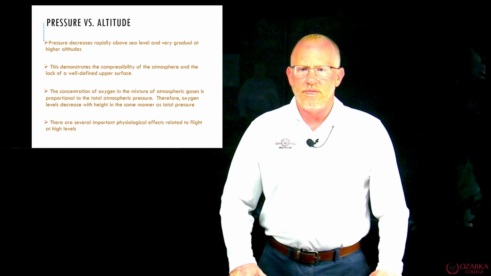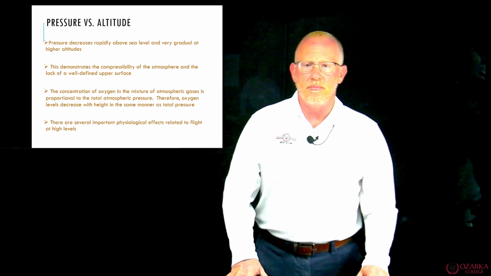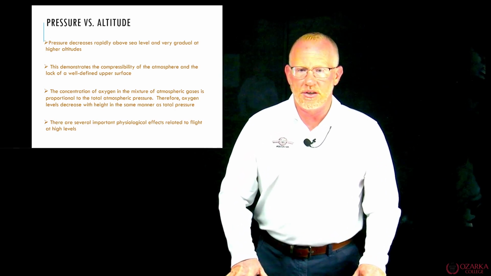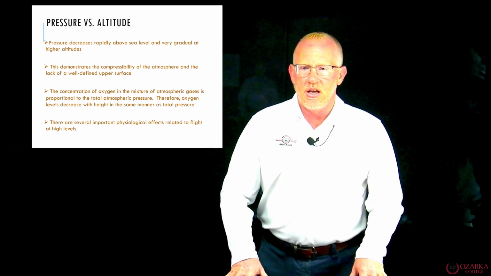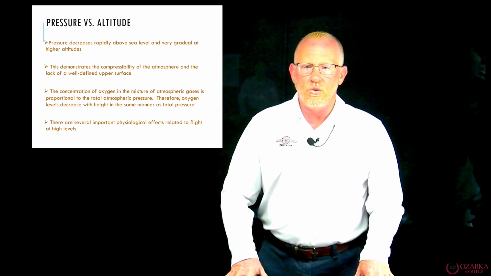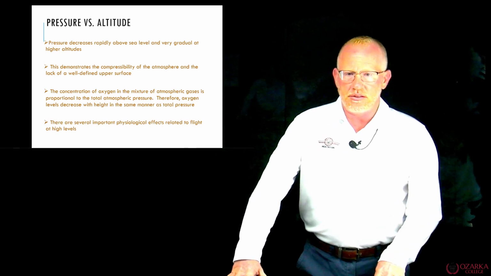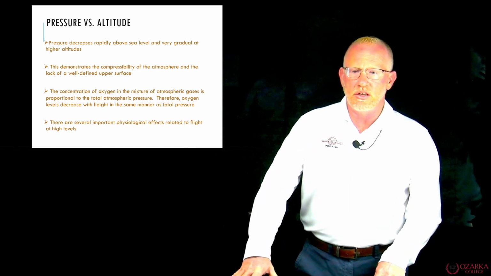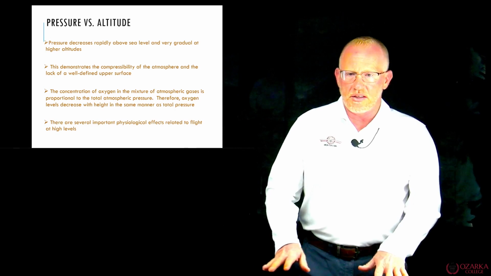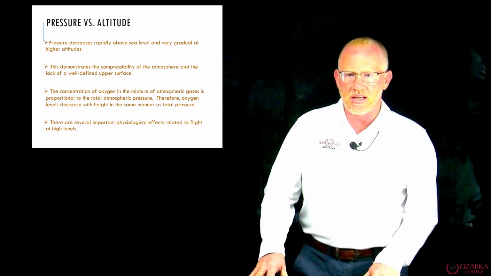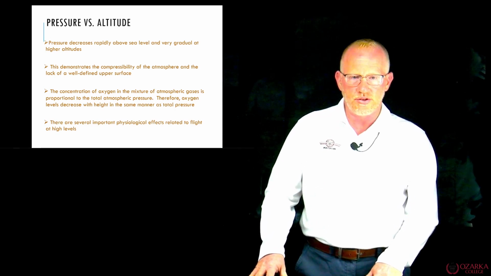The concentration of oxygen in the mixture of atmospheric gases is proportional to the total atmospheric pressure. Now, this says that therefore oxygen levels decrease with height in the same manner as total pressure.